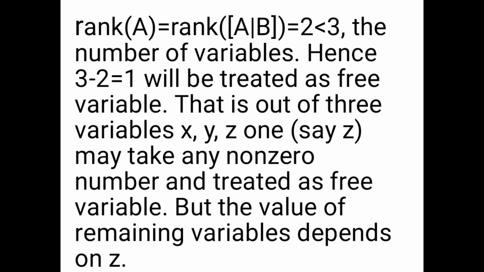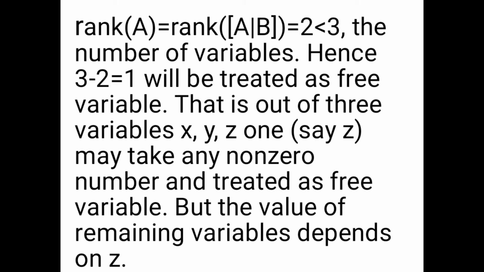So we treat one variable as the free variable, that is, it may take any value, and depending on the value of this free variable, we decide the values of the remaining variables. As this free variable can take an infinite number of values, there will be infinitely many solutions.